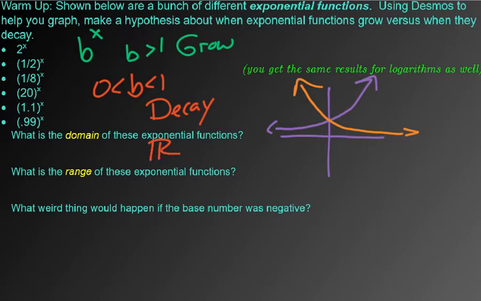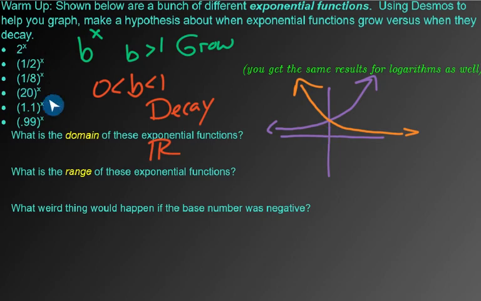There's absolutely nothing wrong with doing 2 to the 0, right? That's just 1. 2 to the negative 1 is 1/2. 2 to the 3 is a nice number. It's 8, right? There's nothing wrong with any of these x's that you plug in. It's perfectly fine. The range, though, is going to be bounded, okay?